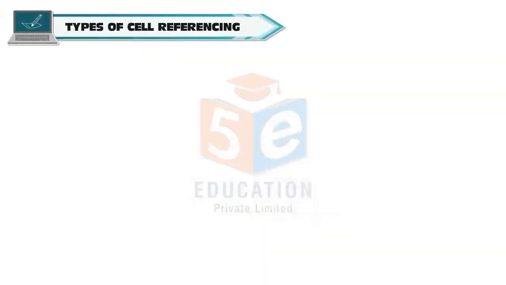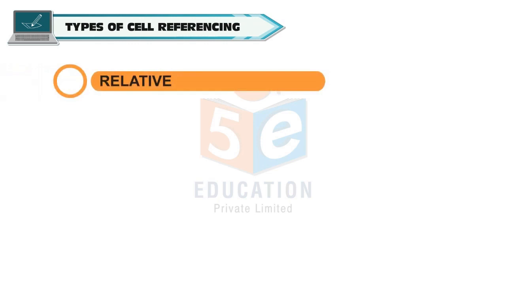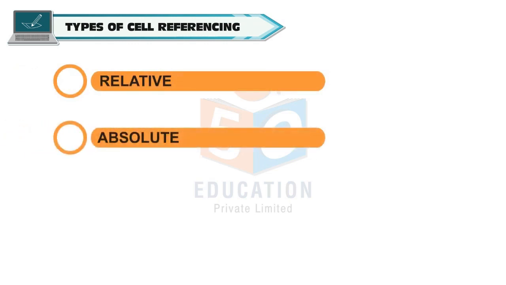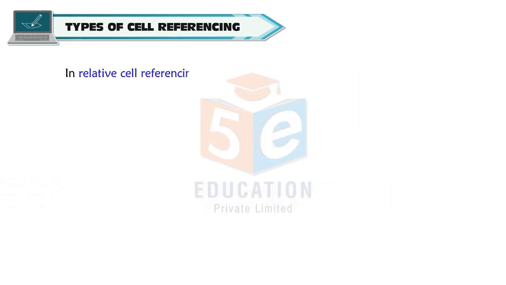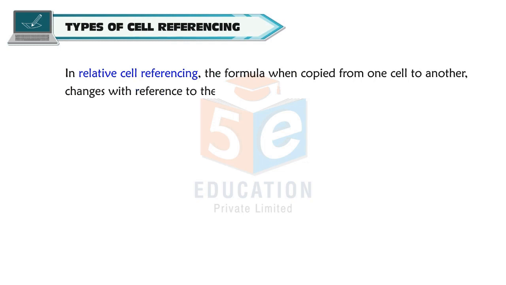Types of cell referencing. Basically, there are three types of cell referencing: relative, absolute, and mixed cell referencing. In relative cell referencing, the formula, when copied from one cell to another, changes with reference to the new cell where it is being copied.